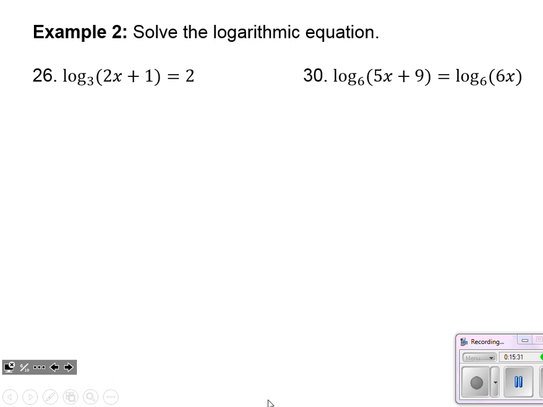That's done. Smash them into one logarithm. That's done. And then use the definition of a logarithm. So I really only have to do step 3. The definition of a logarithm says that if I have a base of 3, the logarithm equals the perfect exponent to put on that 3 to turn it into 2x plus 1, our argument.